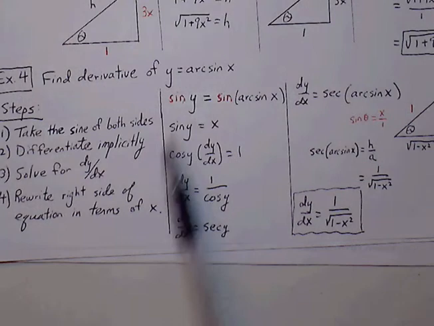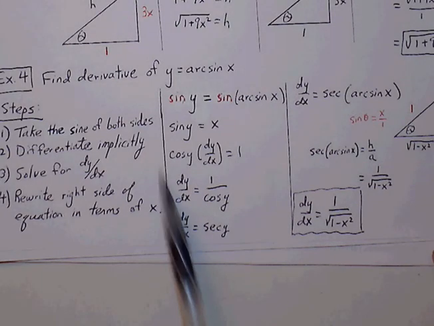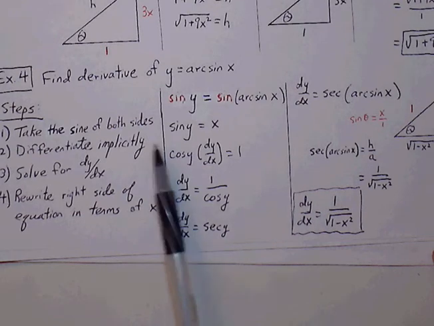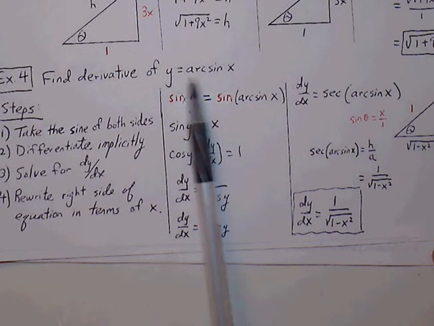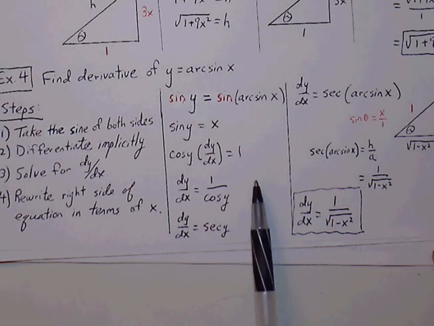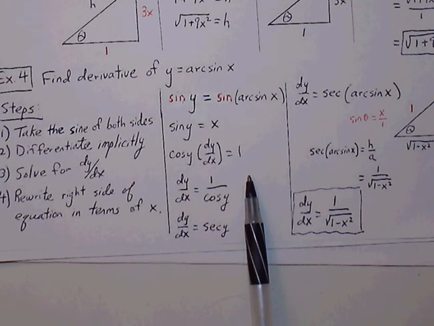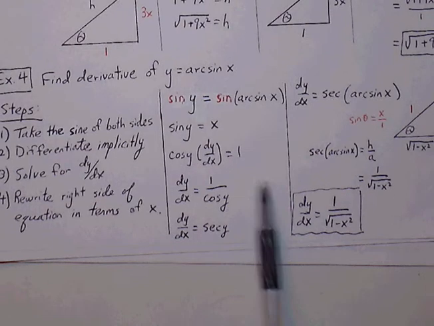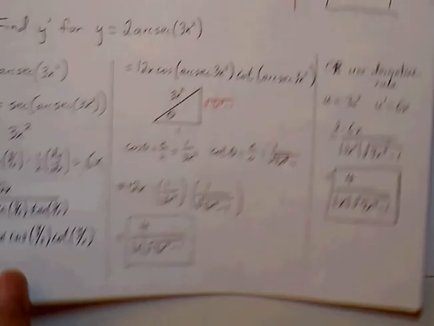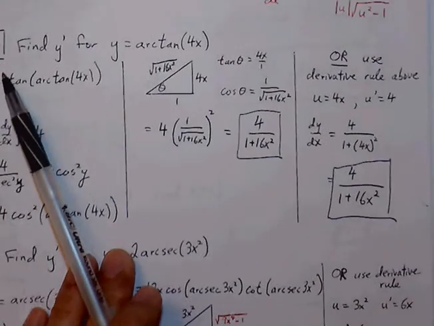The problem is that it takes a little while longer to solve because of all the steps involved, but we don't have to memorize all the different trig functions' derivatives. The other method is memorizing the trig functions' derivatives. So let's look at example 4b, where we can apply those rules.